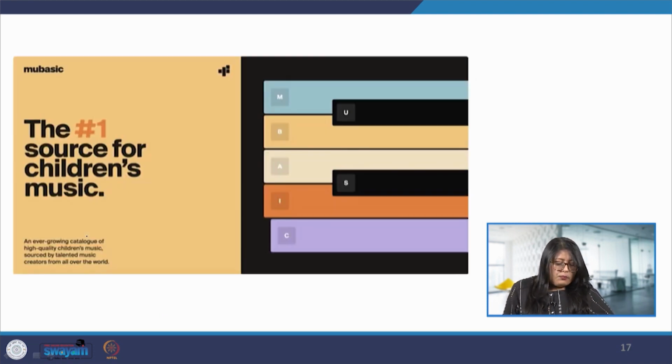This is MuBasic. This is basically a catalog of high quality music for children, and it has a very light-hearted, easygoing feel to the website. Even the color scheme and the hierarchy of the colors contribute to the easygoing nature of this website and make it very popular amongst children. And this stores music for children.